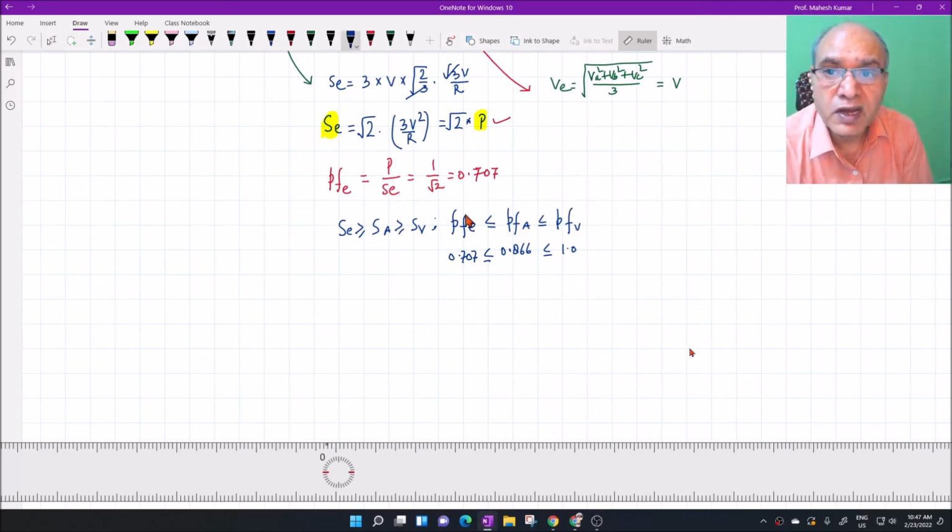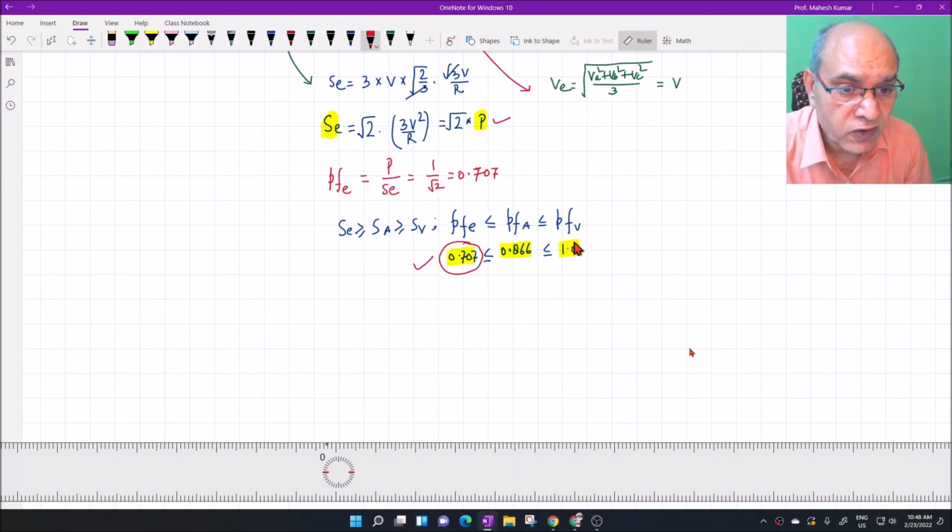Now again the question will come: which one will you prefer? This is 0.707, this is 0.866, this is 1.0. Obviously, we will take the most pessimistic case, that is the lowest value of power factor, this power factor, to design the distribution network.